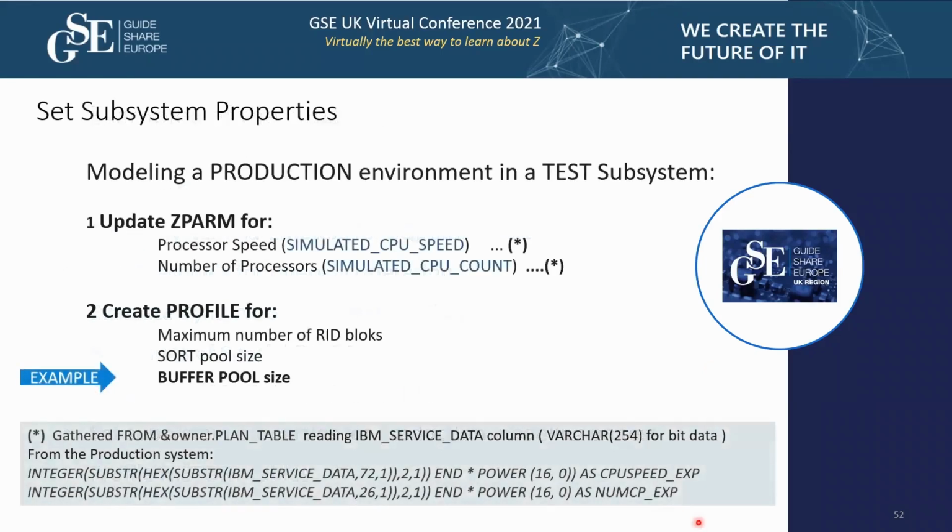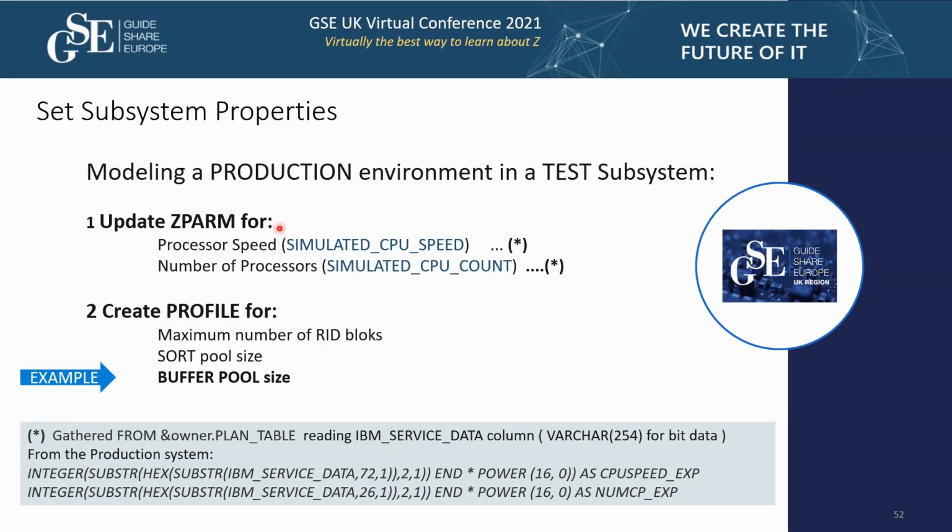In this example, I want to show you how to start changing your test environment, getting as close as possible to the production environment. Before talking about DB2 profile, you first have to change some ZPARM settings.